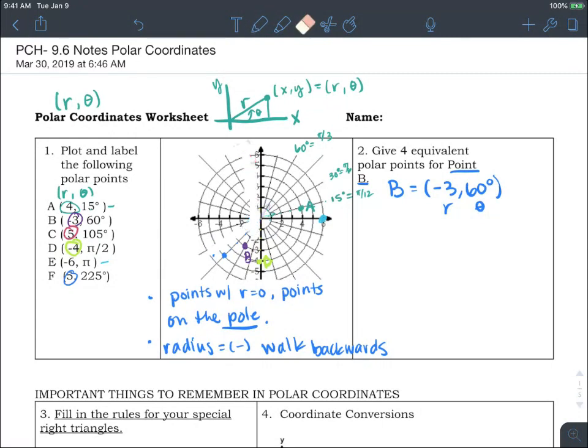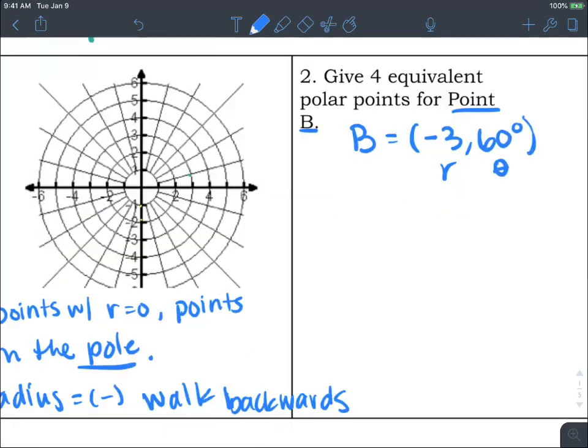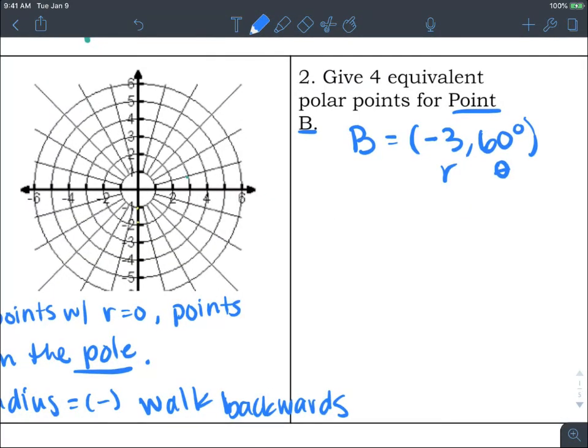Never fear, you can rewind the video. So point B, 60 degrees, right here. Going backwards from 60, 1, 2, 3. That's point B.